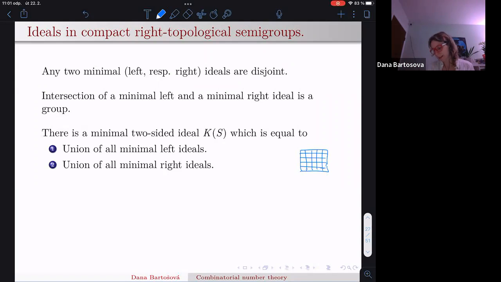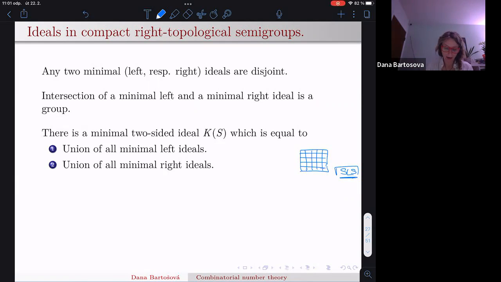We know that we have minimal left ideals, so the two-sided ideal also has to contain some. But then if I multiply the left ideal on the right-hand side, if I have L, I know that SL is below L. So if I multiply it again by S, I get a both-sided ideal, right? And it turns out that this contains all minimal ideals. So they cannot be disjoint, right? Minimal ideals cannot be disjoint, unlike minimal left or right ideals.